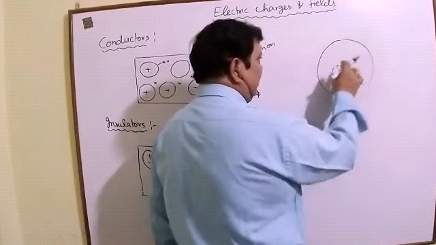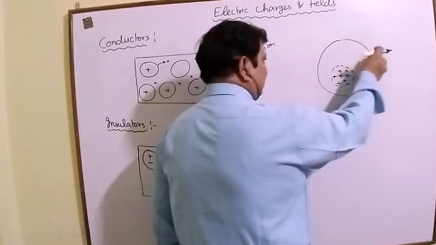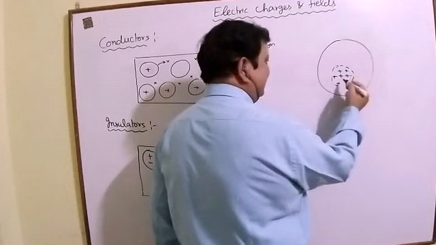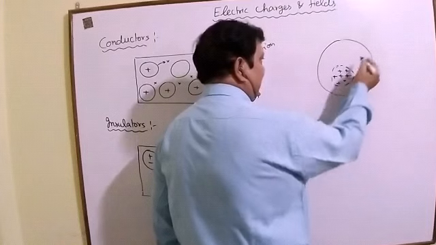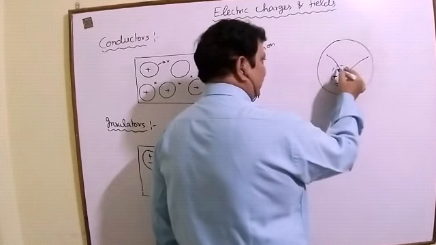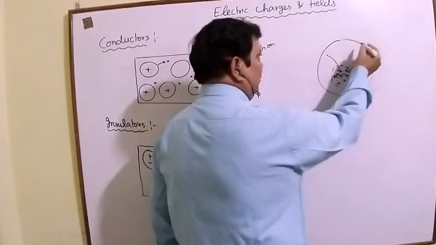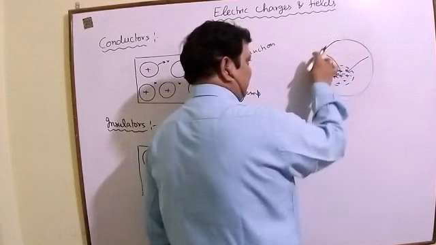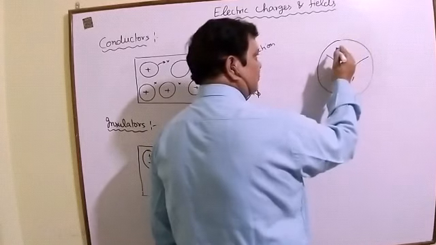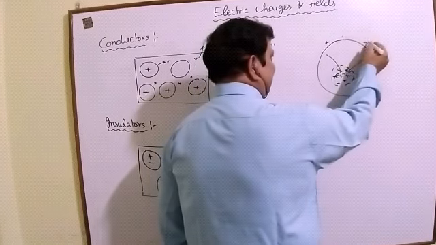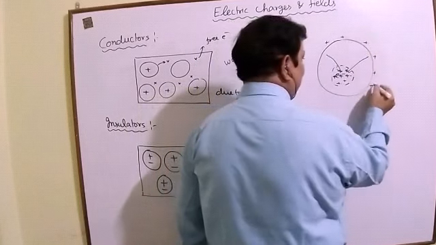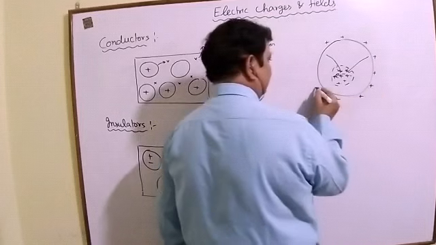Now immediately in the conductor, the rest of the electrons adjust themselves to fulfill this deficiency, and as they fulfill it, the deficiency develops at the surface. That is to say, the whole of that positive charge is immediately shifted over the surface of the conductor.